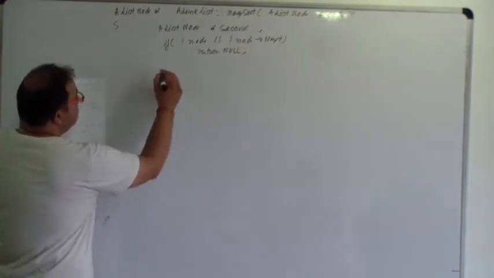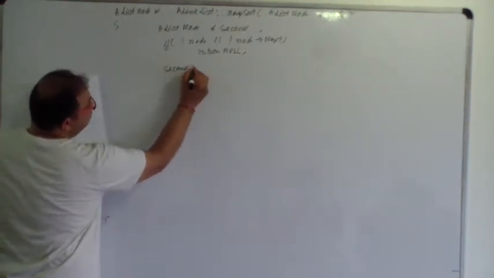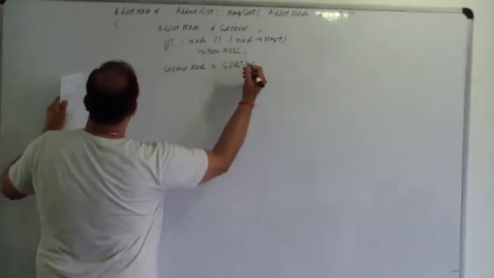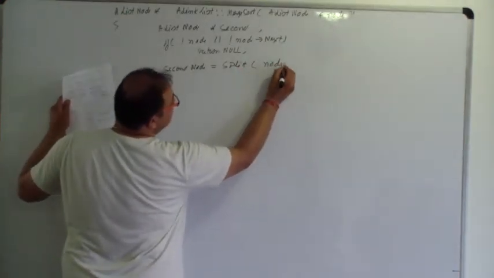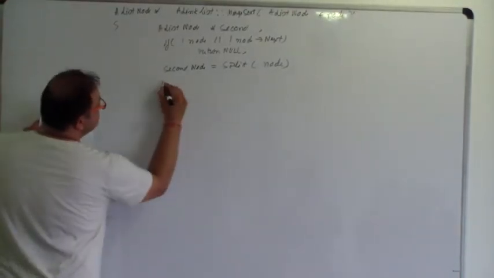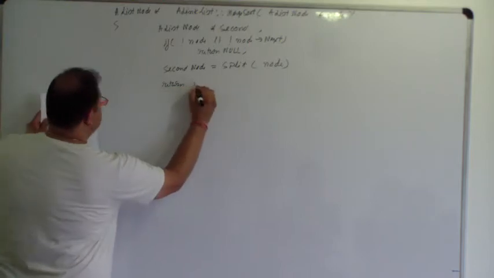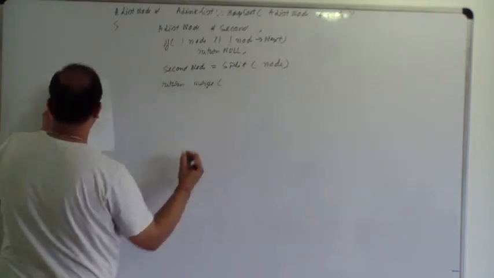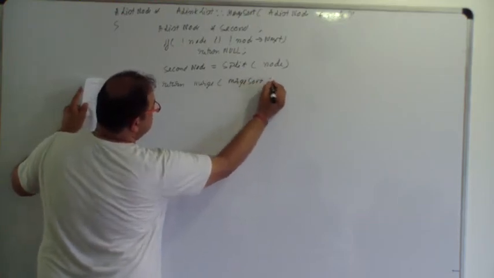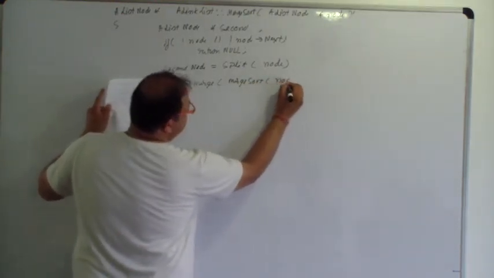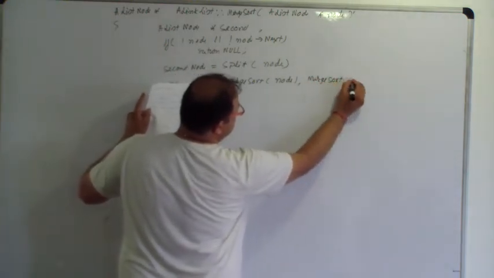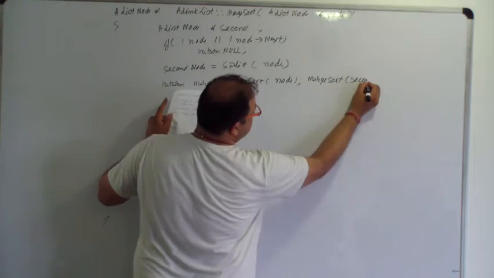Otherwise we'll say second is equal to split of node. So if there's a node, we'll split. And then we will return merge of merge sort of node, comma merge sort of second.